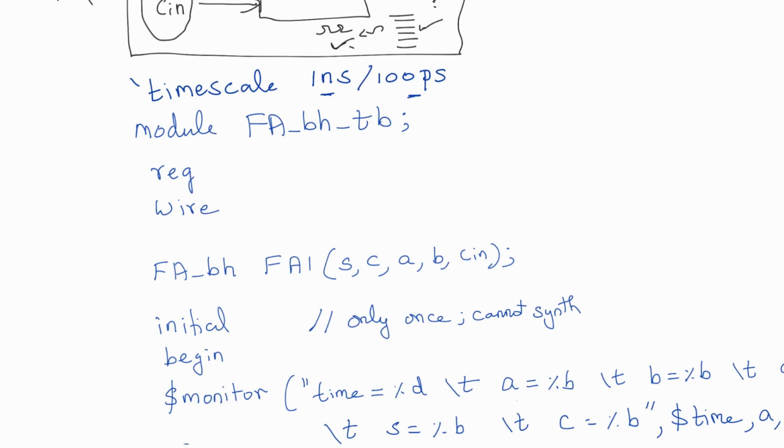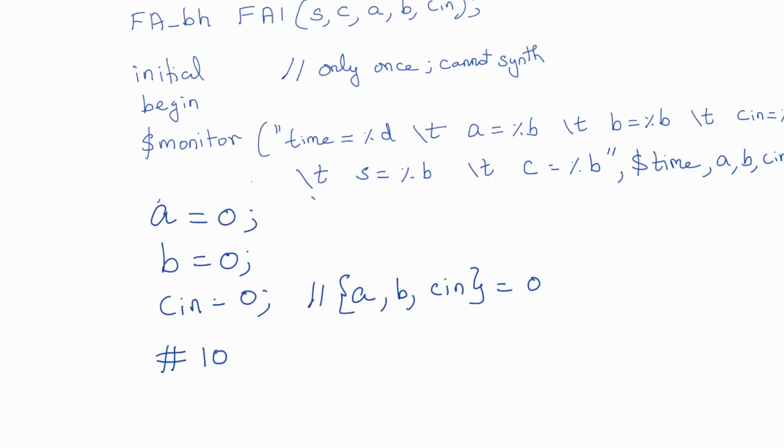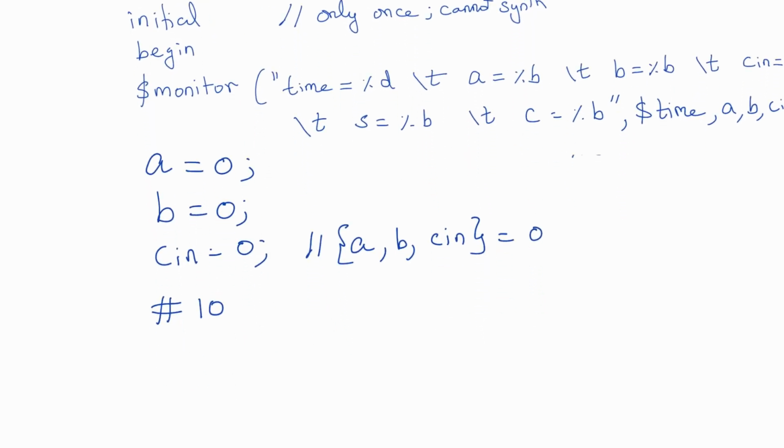So how minute you want the time resolution to be. So that is 100 picoseconds. I'm not interested in a resolution below this, right? So I'm okay with 100 picosecond resolution, right? So once I've defined my time units, I say after 10 time units, I want to change something.